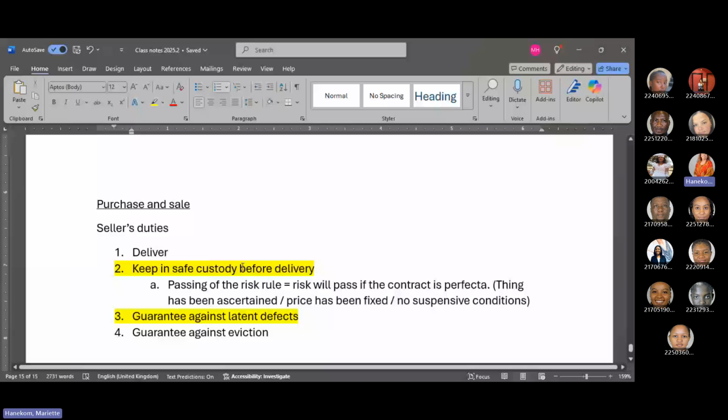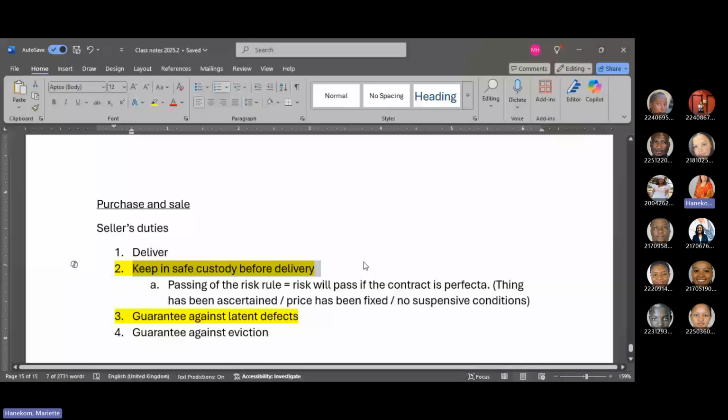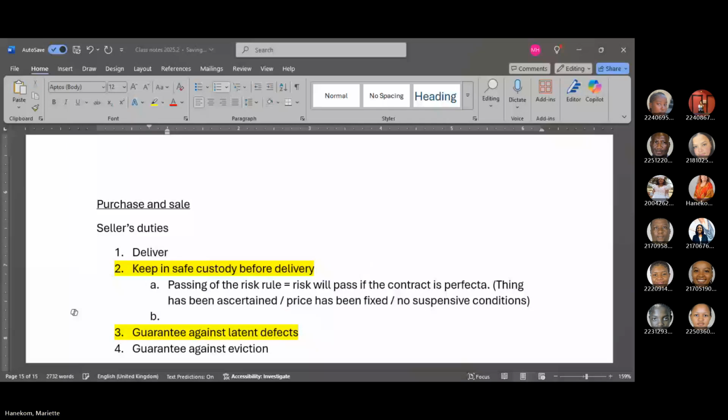The seller must keep the thing in safe custody before delivery. So that refers to damage that occurred after contracting, but before delivery.